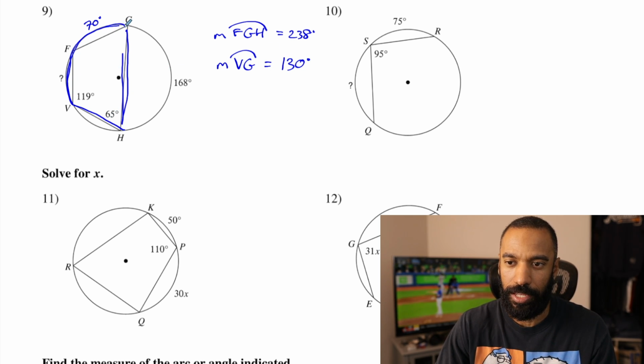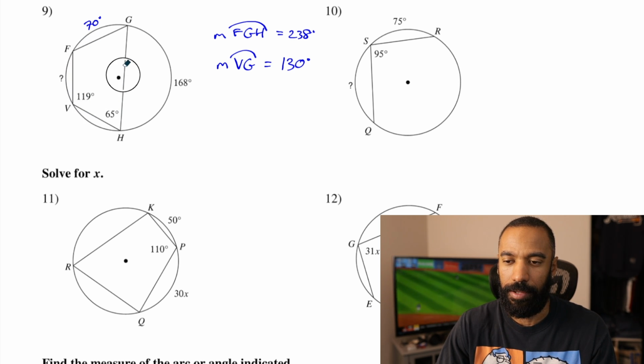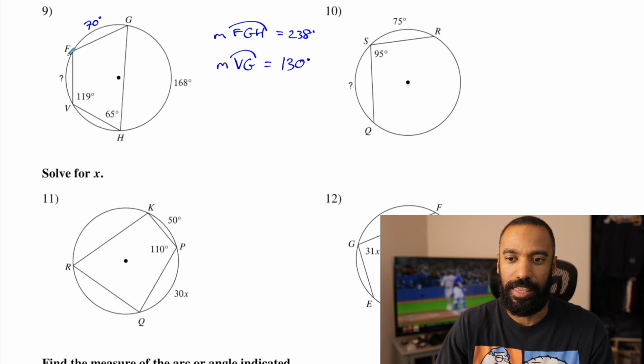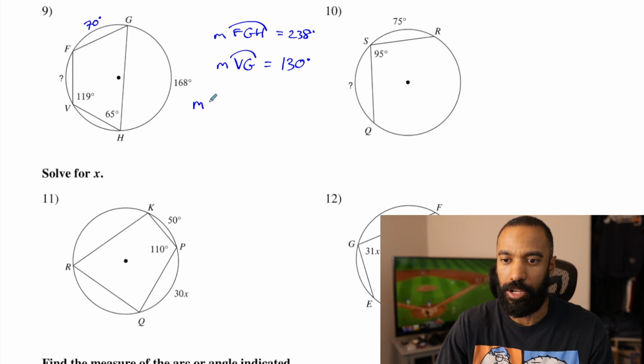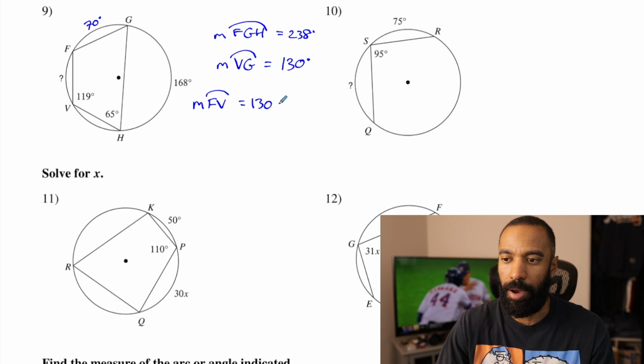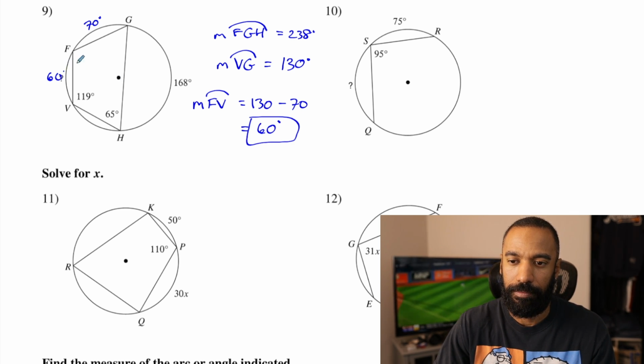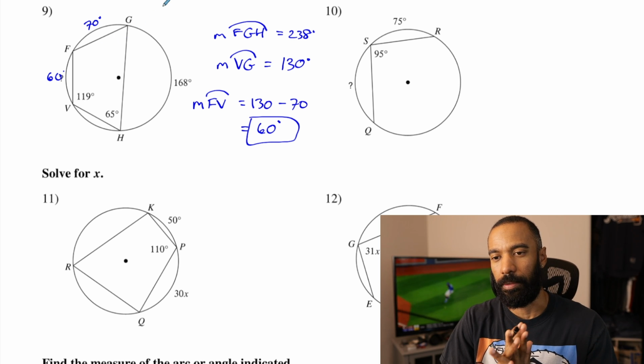So this whole thing is 130, and 70 degrees is one portion of it, and this measure of the arc is the other. So measure of arc FV is 130 degrees minus 70 degrees, which is 60 degrees right there. So this guy is 60 degrees right there, and boom, we're done.